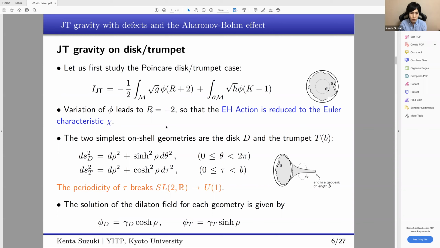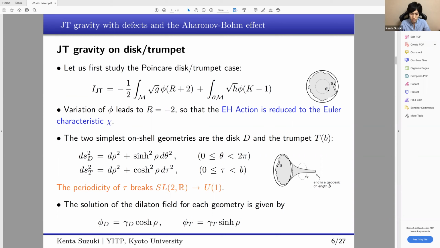And actually on-shell, the variation of phi leads to this equation for the scalar curvature, but we also have an equation for the dilaton field, which comes from the variation of the metric. And we need to solve these coupled equations. And it turned out that the on-shell geometries are only two geometries, given by disk geometry or trumpet geometry.